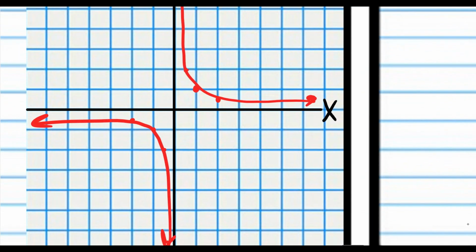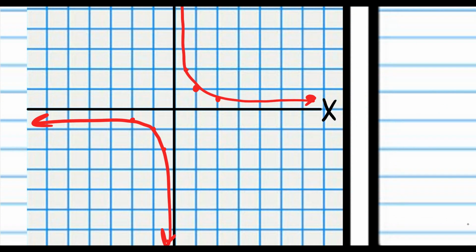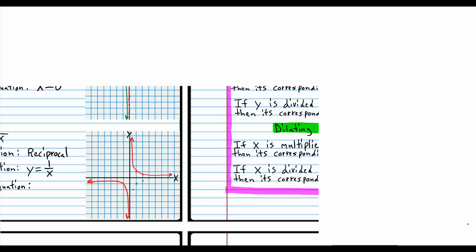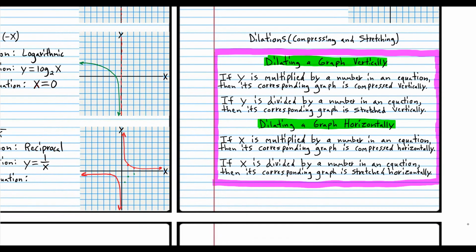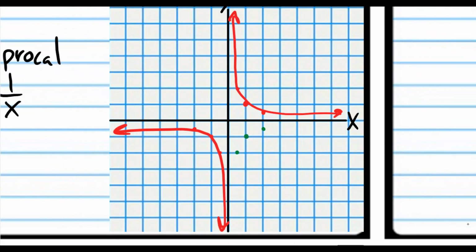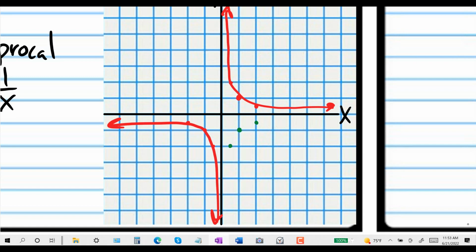So what that means is we figure out the distance from this point to the x-axis and then go that same distance across to the other side, and write that point. Same thing here, and same thing here. Now we have those reference points. And we can connect the dots.